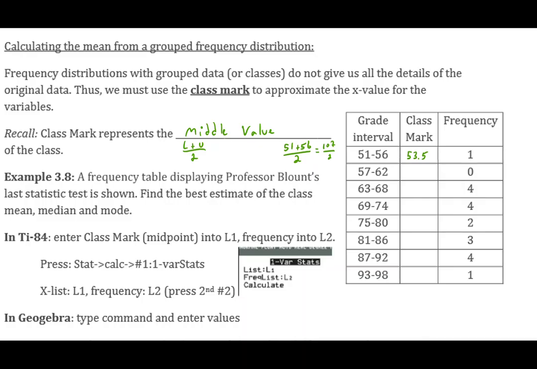The next class will be, again, 57 plus 62 divided by 2, which would be 59.5.